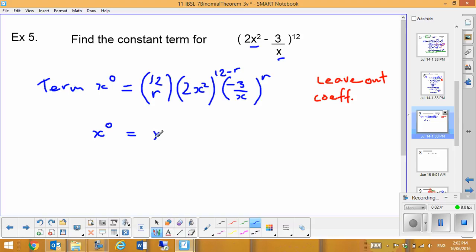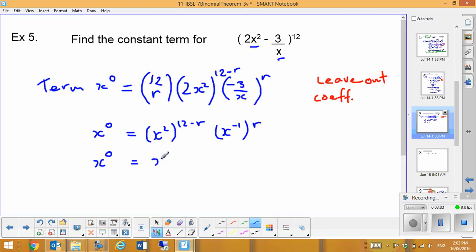So we're going to have x squared to the power of 12 minus r. And the other term, we're leaving out the minus 3, because that's just a number. We're going to have x to the minus 1 to the power of r. Let's use our indices rules to expand this.